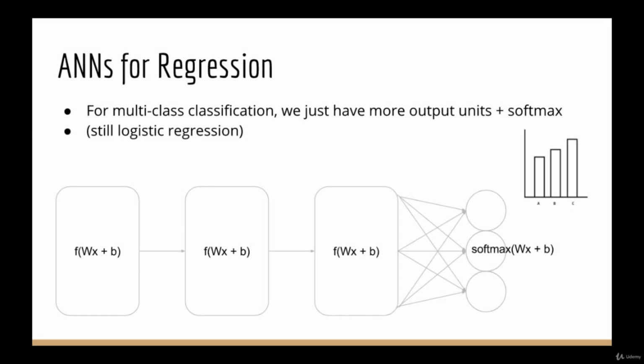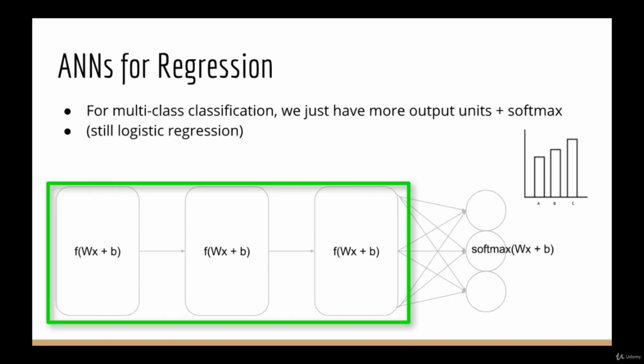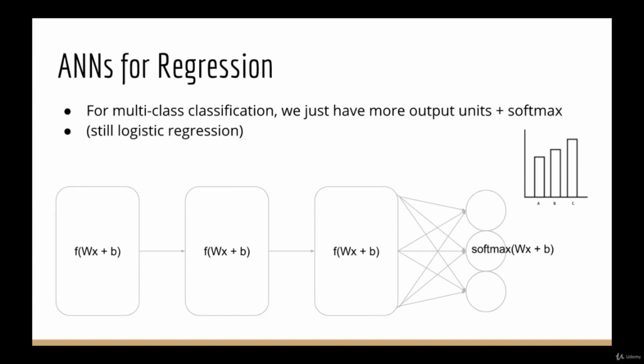For multi-class classification, we have almost the same thing, just that the output layer has more units, one corresponding to each class. But notice how everything up to the last layer is the same as before. We have stacks of linear transformations along with nonlinear activation functions. Then at the end we have a multi-class logistic regression, which is a linear transformation and a softmax.